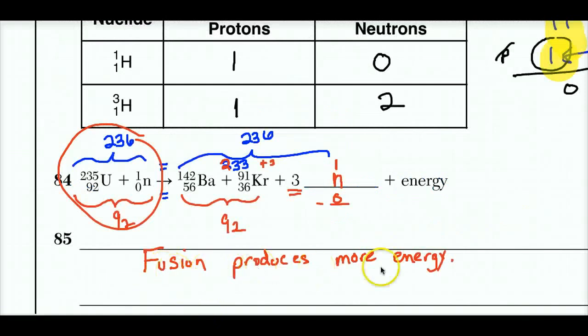And I wrote fusion produces more energy per gram, or you could say that there's less radioactive waste, and there's an unlimited amount of fuel for fusion if we're going to use hydrogen. There's plenty of hydrogen from the water on Earth. Many examples you can write here, and there's some here that I'm probably not thinking of that'd be correct.